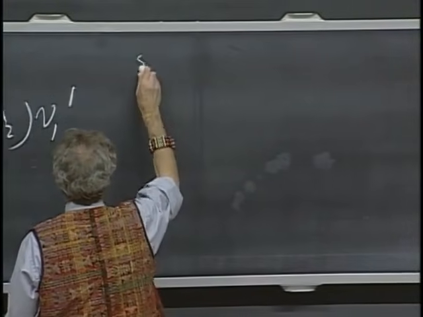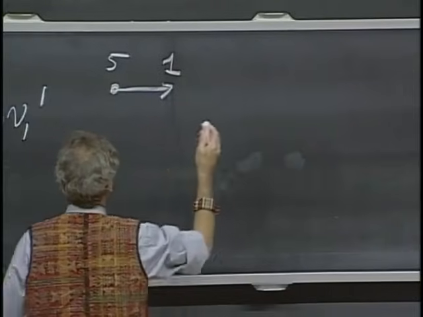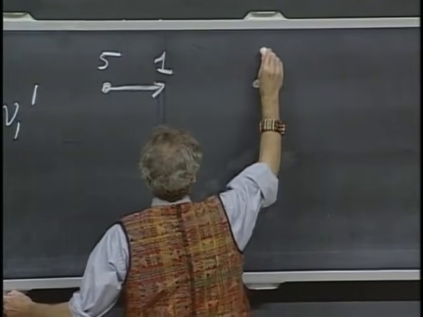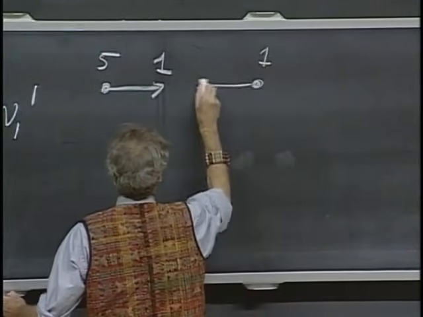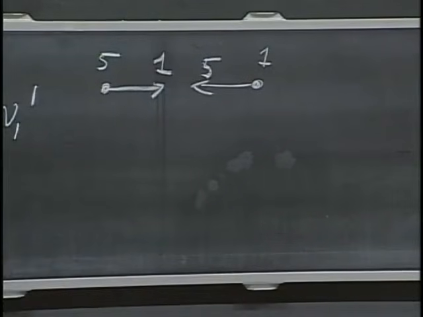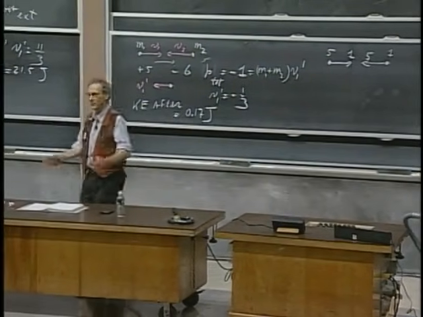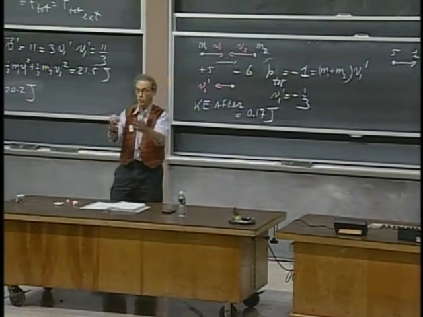Suppose this particle has a mass 5 and the velocity is 1. This is my shorthand notation. And this particle has a mass 1, but it has a velocity 5. The momentum of this system is 0. Plus 5 in this direction, it is 5 in this direction. But you bet your life there is kinetic energy. After the collision, they hit each other. We agreed that they would stick.